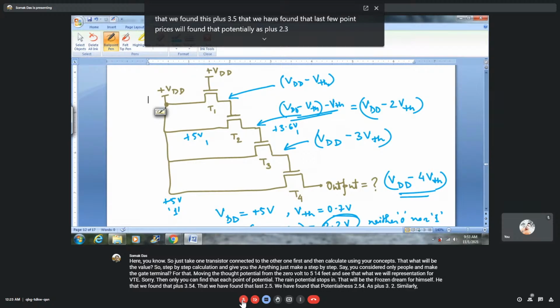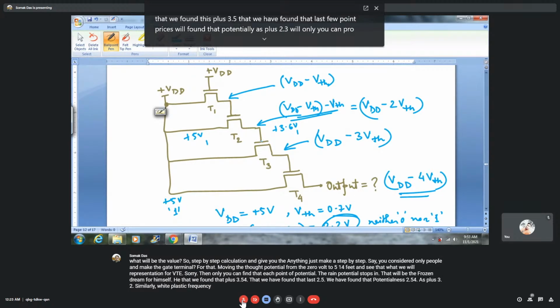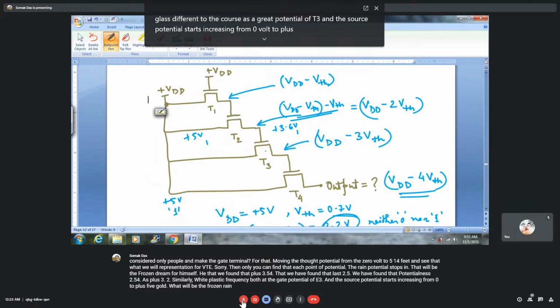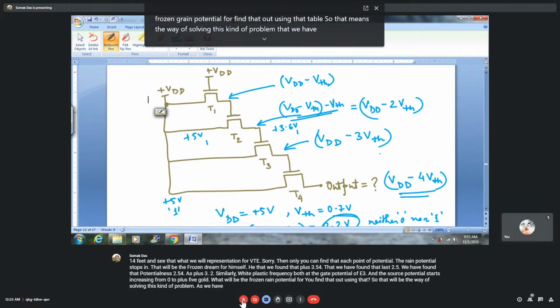Similarly, if you provide plus 3.6 volt at the gate potential of T3, and the source potential starts increasing from 0 volt to plus 5 volt, what will be the frozen drain potential for T3? Find that out using that table. So that will be the way of solving this kind of problem, as we have already done in this particular problem.